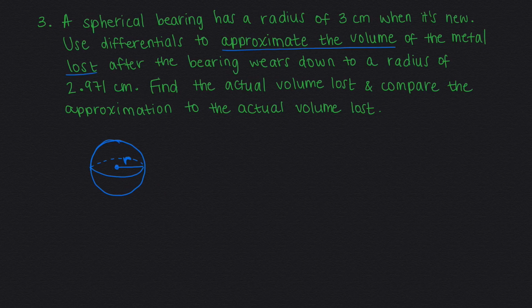In this case, our original radius or initial radius is 3 centimeters. And we want to approximate the new volume once the radius is 2.971 centimeters. Okay, so we want to know what is the change in volume. Well, in this case, dr, or the change in r, would be 2.971 minus 3, which gives us negative 0.029.